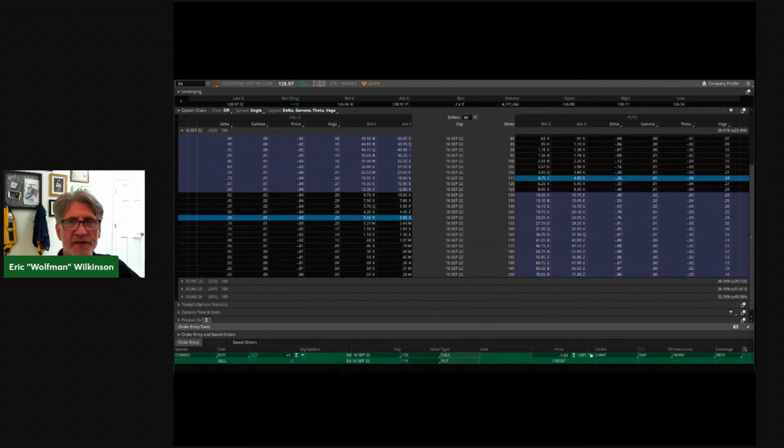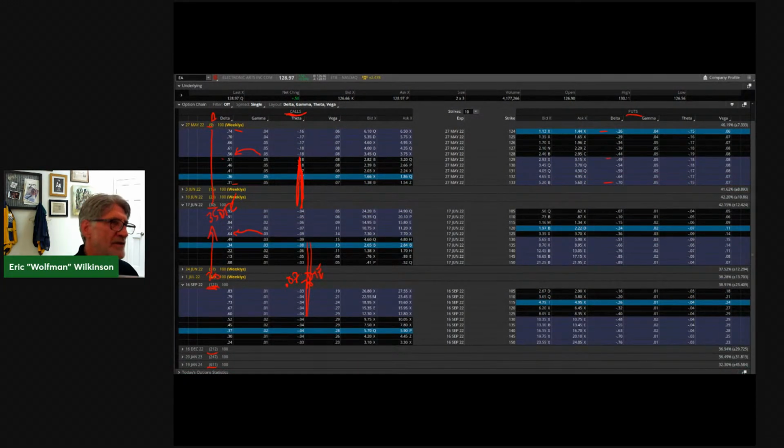One thing with this strategy, though, I do want to mention with the Vega and everything else, is we are creating a synthetic long position, if you will. It's not a 100 lot. When I'm talking about 100 deltas, remember that when you are buying the stock, it's assumed you're buying 100 shares. If I went out there and bought EA, it used to be you had to buy at least 100 contracts.